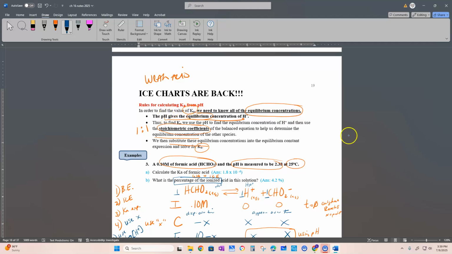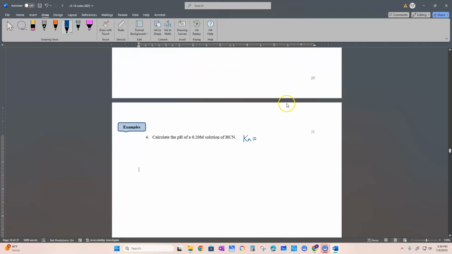So in this case, we actually know pH. We're going to find Ka. Well, in the other scenario, what if we actually know Ka, which I'm going to give you the value, and we have to solve for pH, okay?